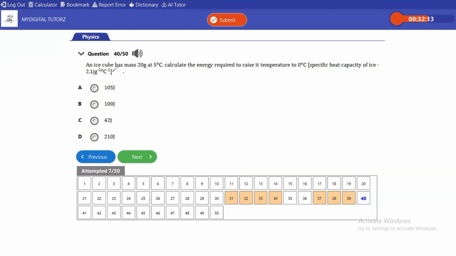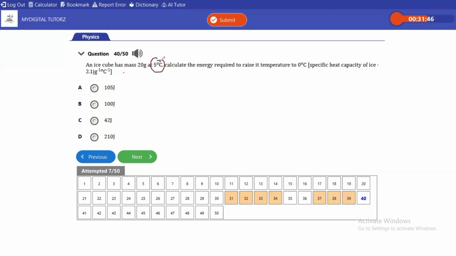Or it could be that the ice is at minus 5 degrees Celsius. Then, if it is like that, we'll be looking for heat gain, to increase its temperature from minus 5 degrees Celsius to 0 degrees Celsius. So either way, I think that should be the correct one.